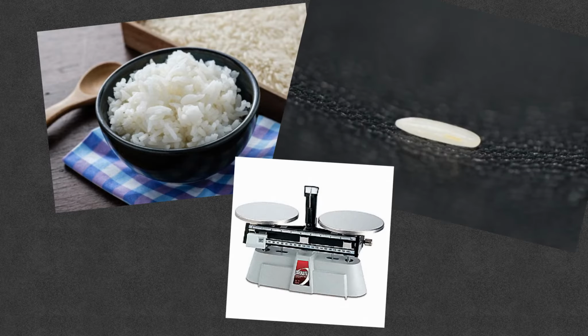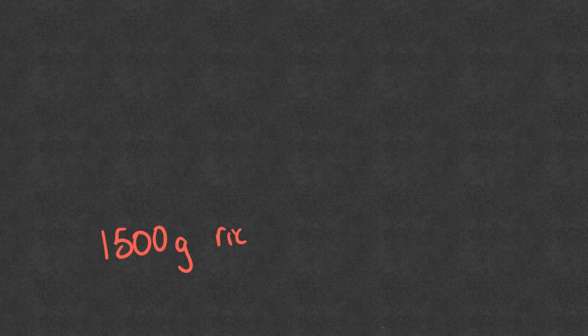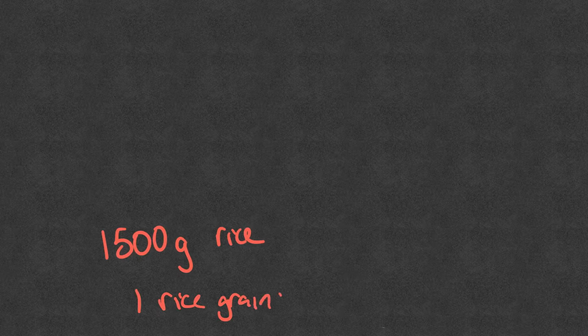So your total is 1,500 grams of rice, the mass of your bowl, but each rice grain has a mass of 0.15 grams. If you know this, you can easily figure out how many rice grains you have in your whole bowl of rice.